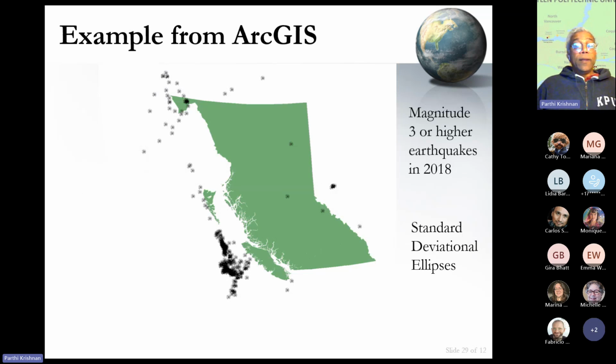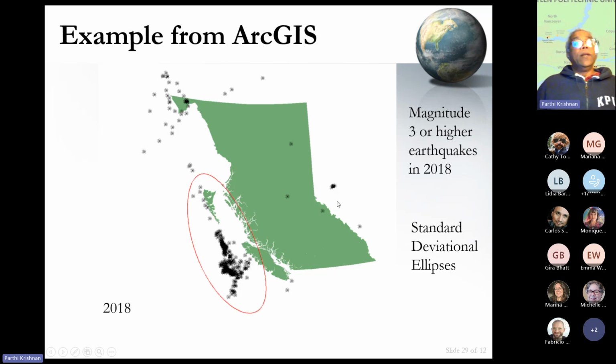So I am looking at how earthquake data can be shown using spatial statistics. In this case, I'm using standard deviational ellipses. So think of standard deviational ellipses as the two-dimensional form of the standard deviation that you'll get from traditional statistics. Right? So I chose earthquakes of magnitude 3 and higher for the year 2018, just as an example.